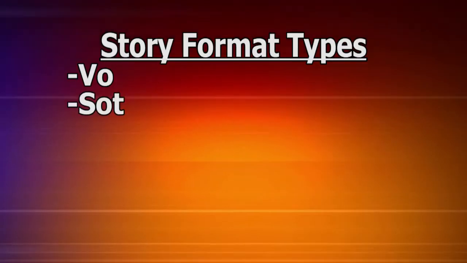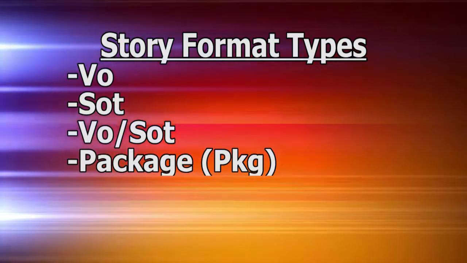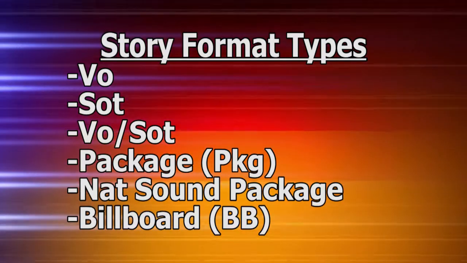We've talked about a few of these in class before, and they can be broken down into specific categories: VOs, SOTs, VOSOTs, packages, NAT packs, and billboards. I'll describe each of them with a little video from past Hawk's Eye View episodes so you can see what we're talking about.